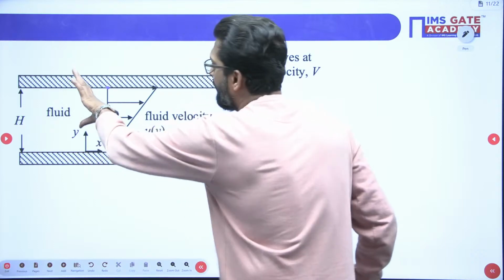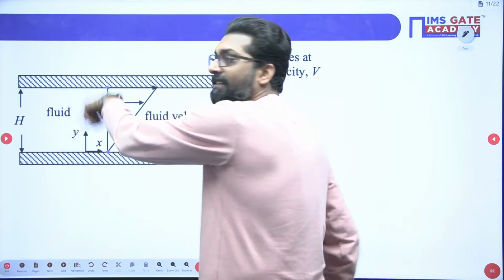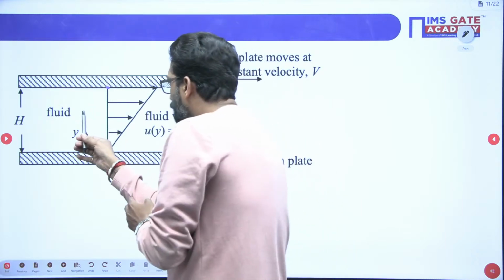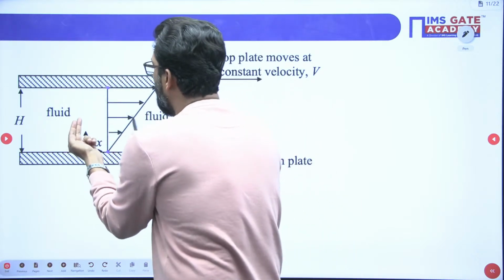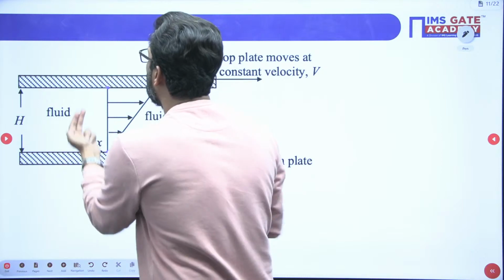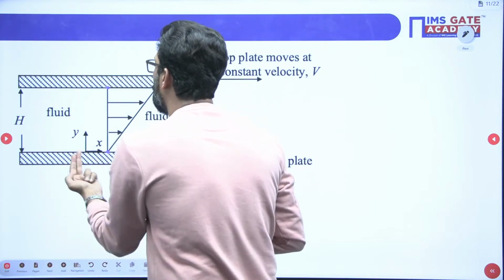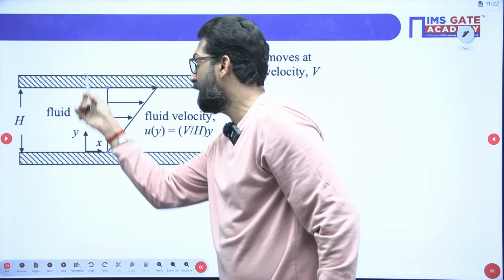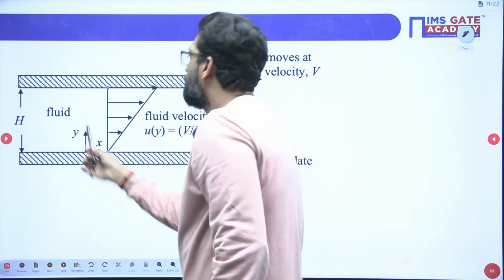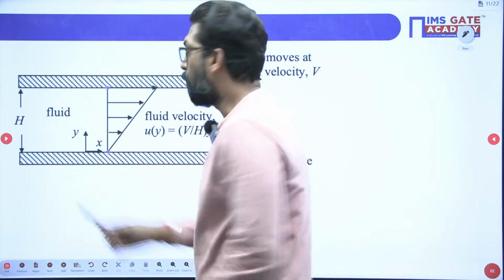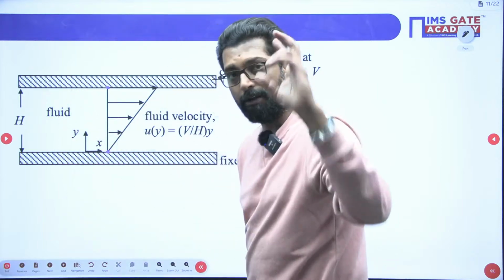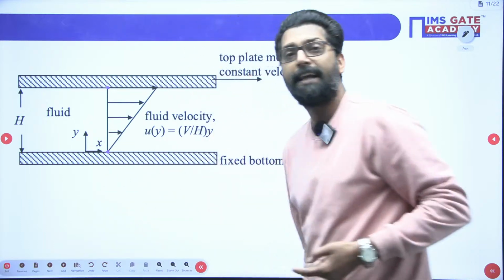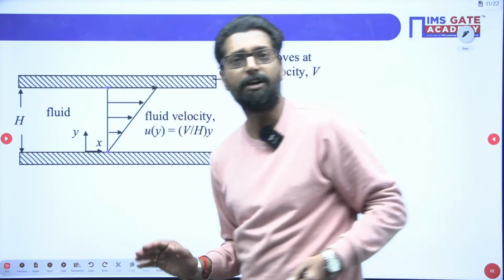See, there is no penetration in the plate, there is no hole in the plate. That means there is no condition to move the fluid perpendicular to the plate. If there were a hole in the plate, the fluid might have a y component. But the y component of velocity is very small compared to the x component, so we neglect the y component velocity.